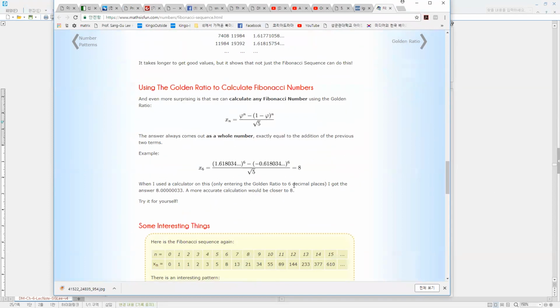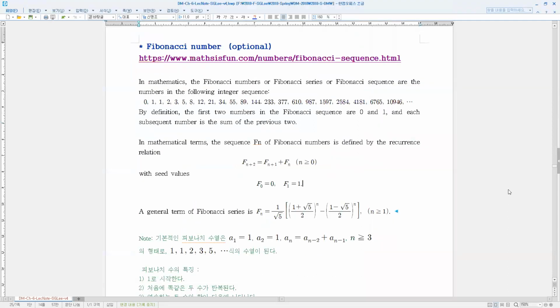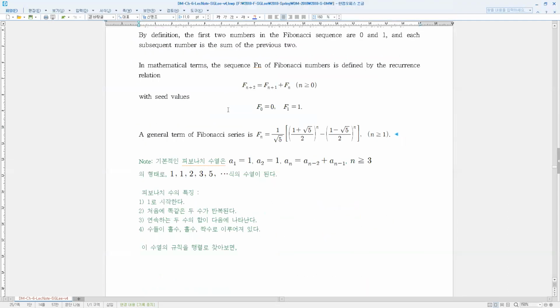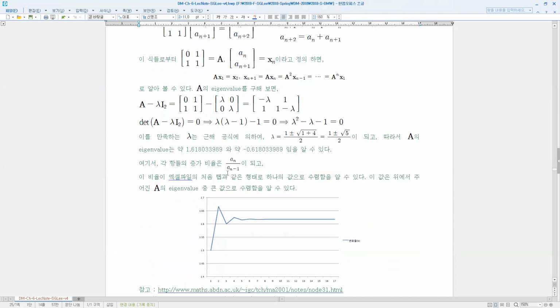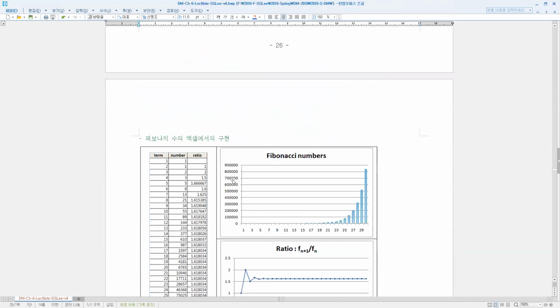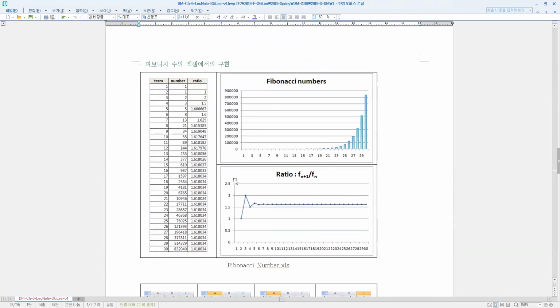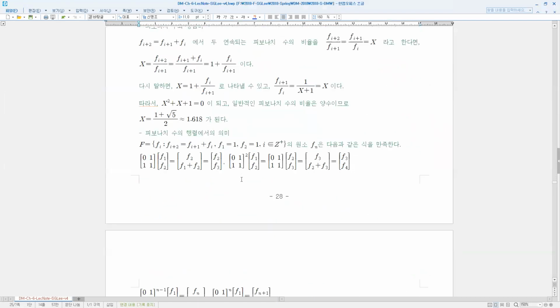I have already made an information web page on Fibonacci numbers, with some of my explanation of Fibonacci numbers in the matrix approach, and also the Excel simulations that we did in the math modeling class.